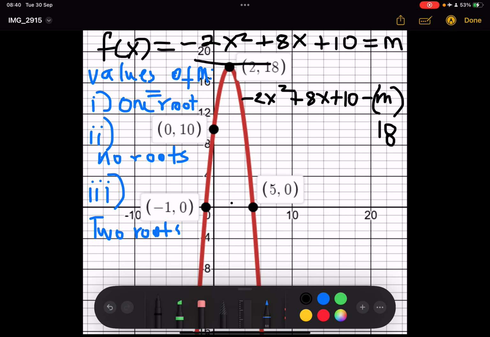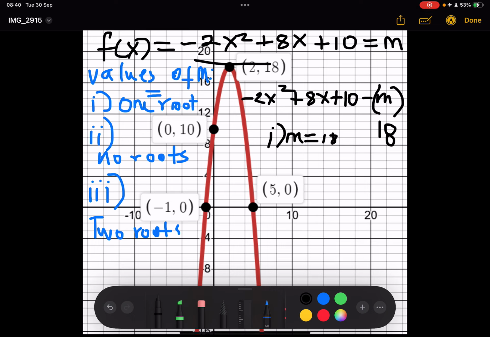So the turning point will be exactly on the x-axis. And if the turning point is exactly on the x-axis, we have one root or equal roots. So the answer for the first question is m equals 18.